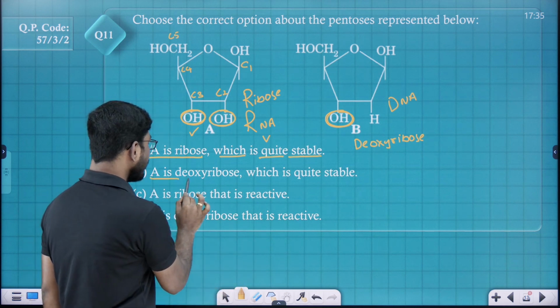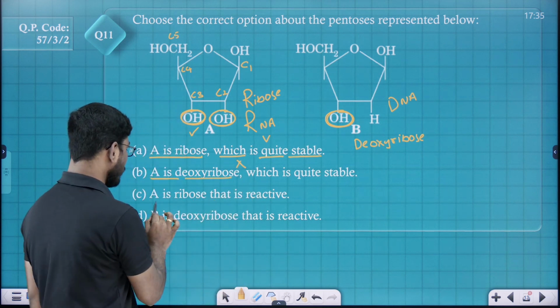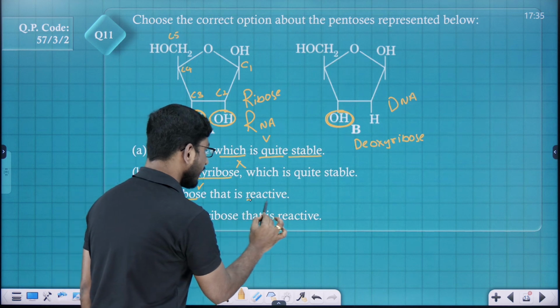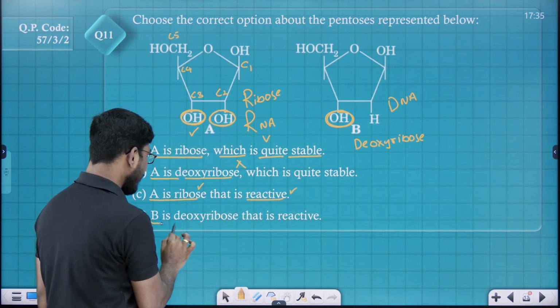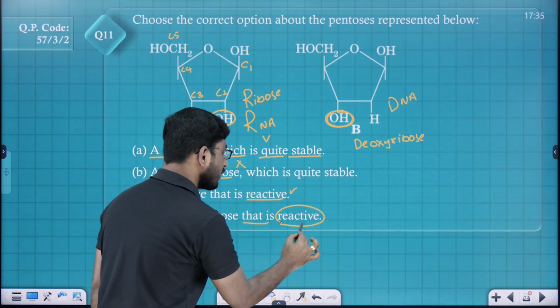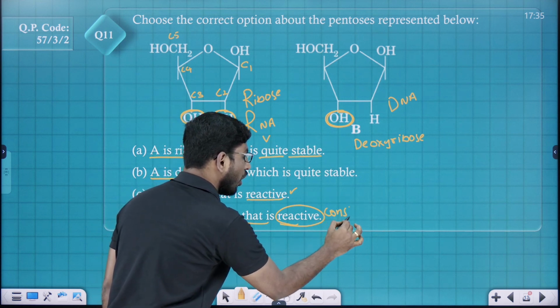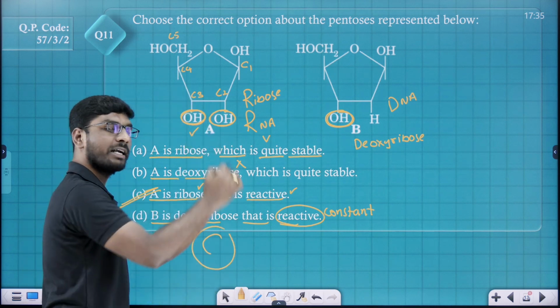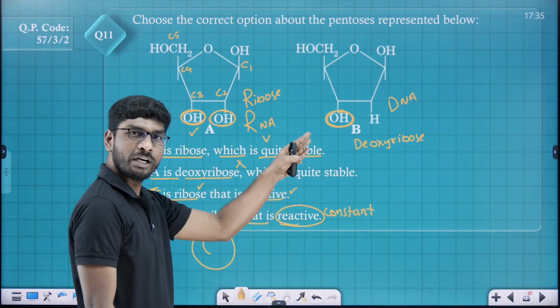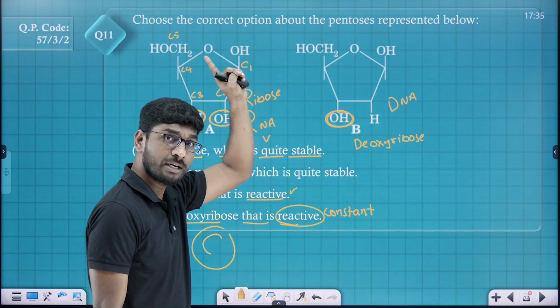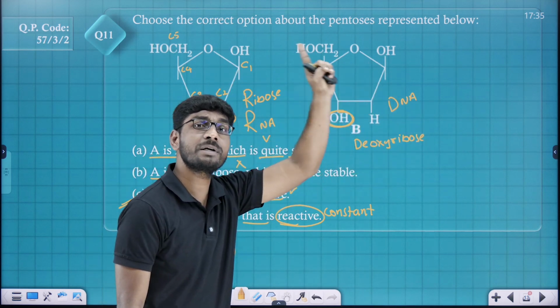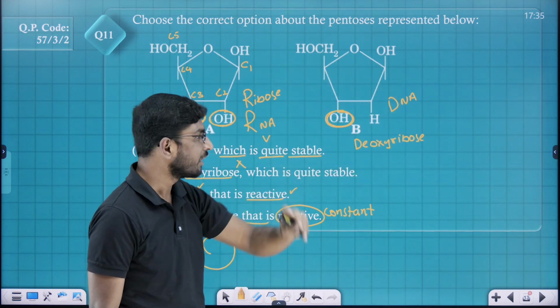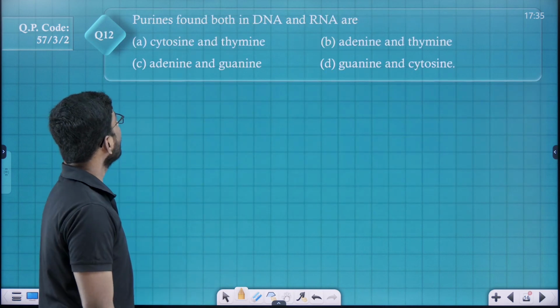A is ribose, correct, which is reactive. Next, B is deoxyribose, that is stable. So the right answer is what? Option C is the correct answer. Simple question. One is pentose, ribose sugar present in RNA. One is deoxyribose present in the DNA. Clear? Come to the next question.